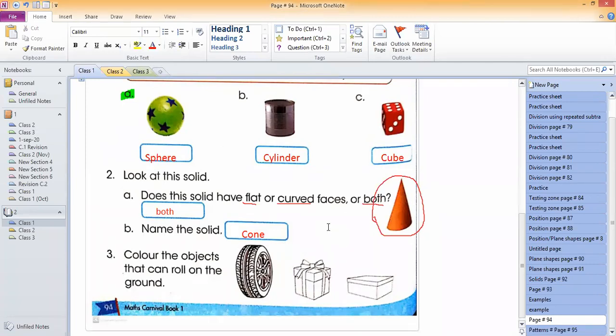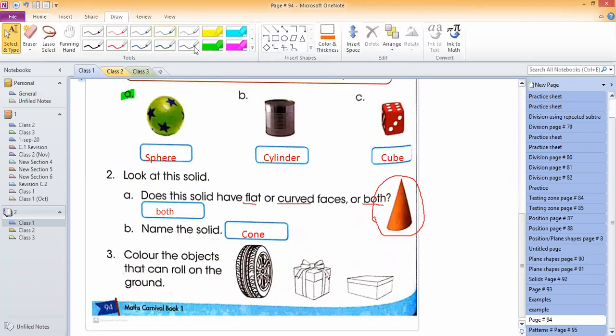Now come to question number 3, guys. Question number 3 is about coloring the objects that can roll on the ground. So guys, you have to identify the object which can be rolled on the ground.